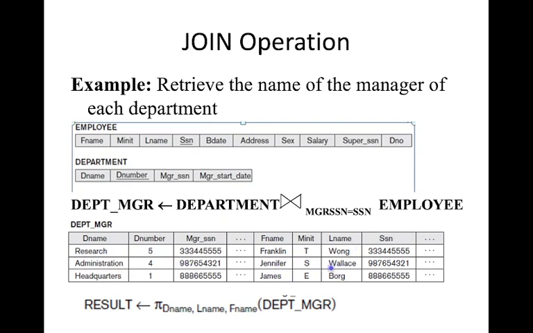Administration, it is Jennifer Wallace, and headquarters, it is James Poe. So this way we can do this join operation. We are joining these tables based on a join condition. Here the condition is manager SSN equal to SSN, and we have three tuples which satisfy this condition.